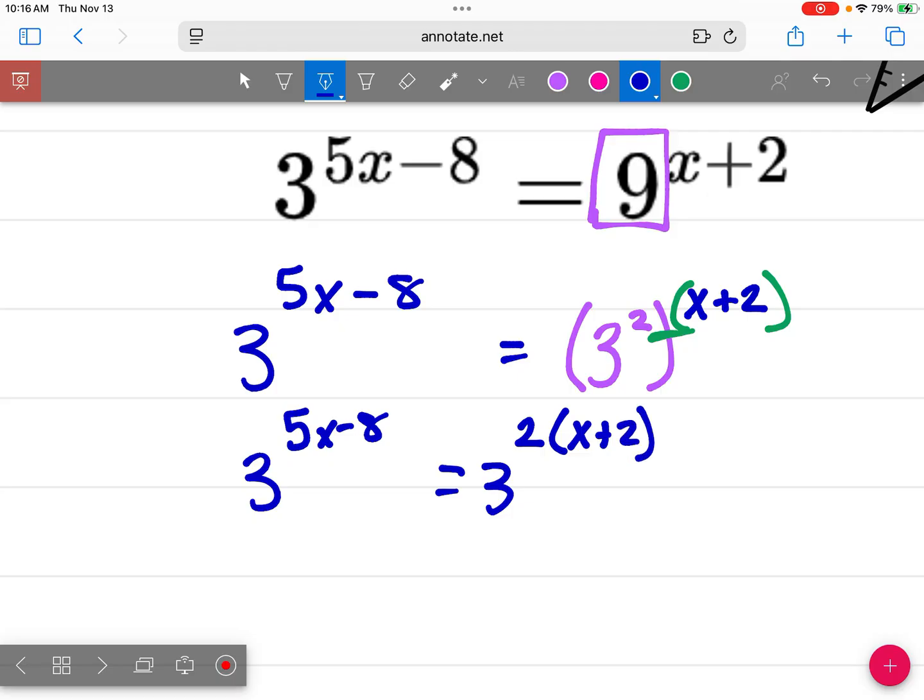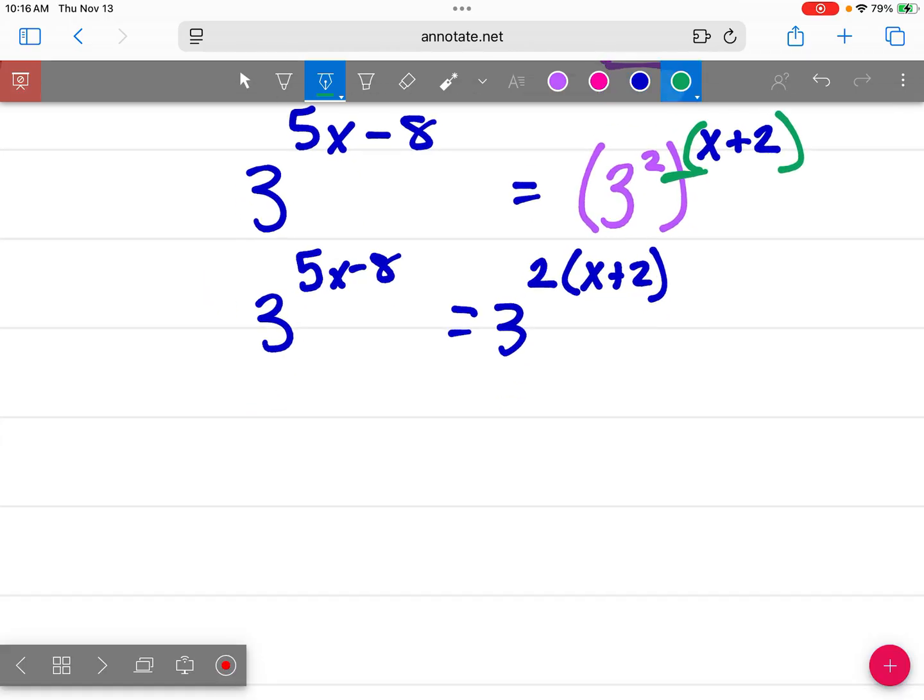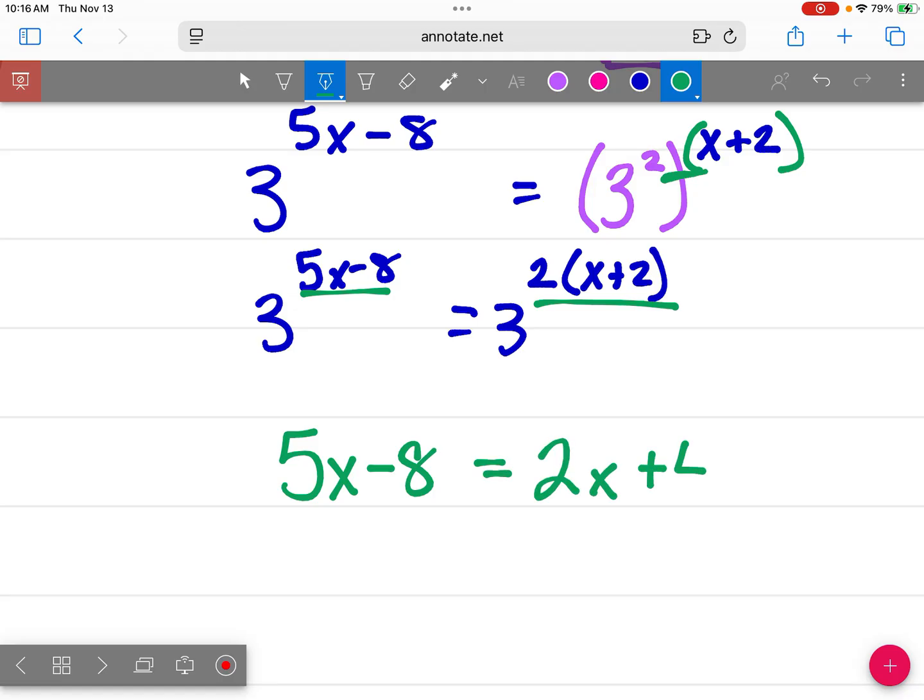And now we have that same base. So at this point, we're only going to give you options that can be put as the same base. We just have to be really careful how we do that, because we want to know when these two exponents equal each other. We want to know when 5x minus 8 equals our 2 times x plus 2, also known as 2x plus 4.